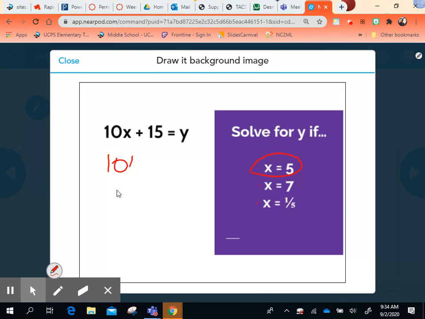So I'm going to do 10 times 5 plus 15 equals y. What's 10 times 5? 50. Plus 15 gives me what? 65 equals y. So y equals 65 for this first one. Now you're going to do the same thing for x equals 7 and x equals 1/5.